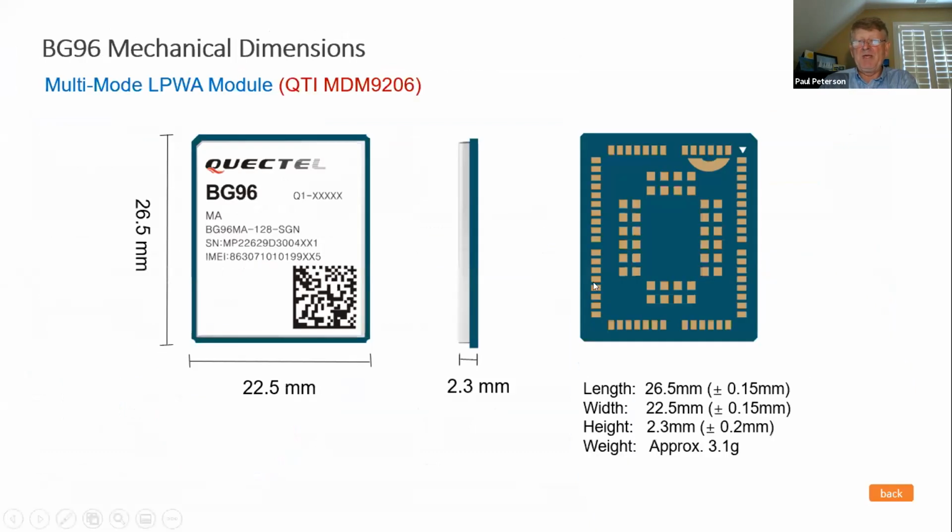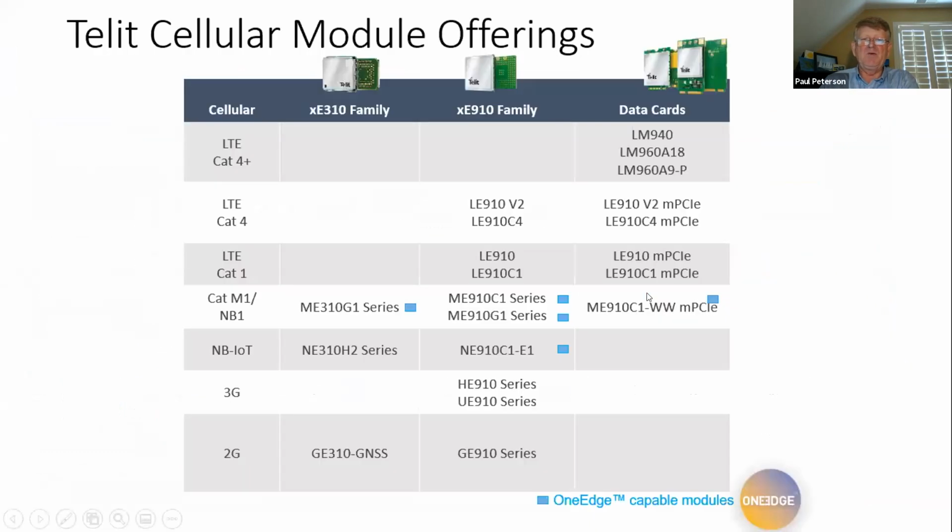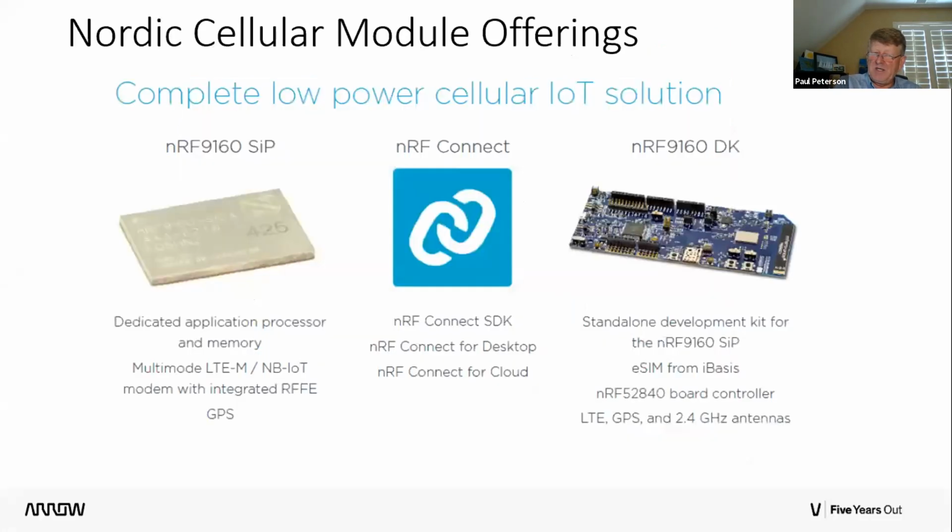And these can be implemented pretty much at the module level. Telit also is a provider that we have, and they too are doing Cat M1, NB-IoT, different modules, as well as things like Cat 1, and even higher speed like Cat 4 for data type applications that require much higher bandwidth. Nordic Semiconductor, again, we heard about them in Bluetooth.